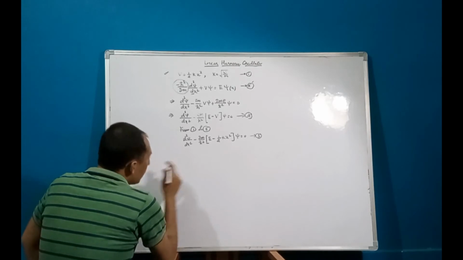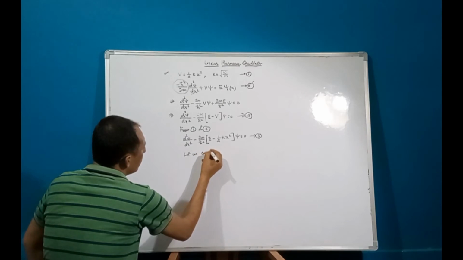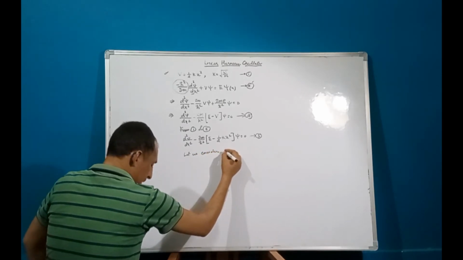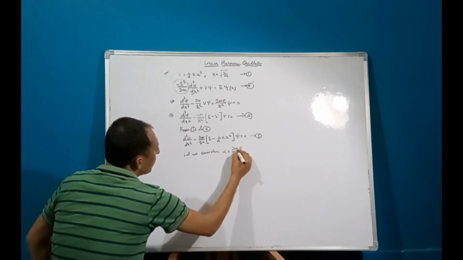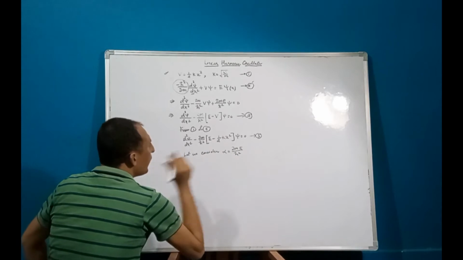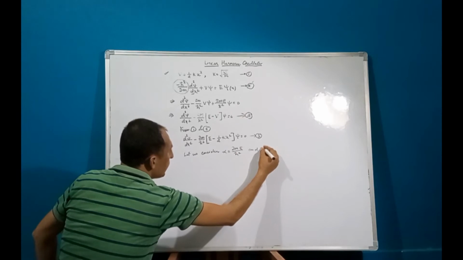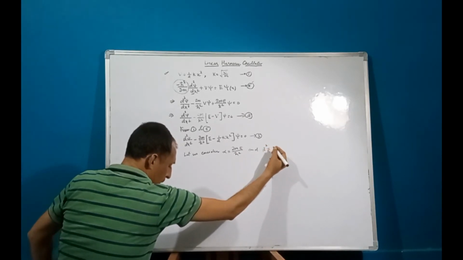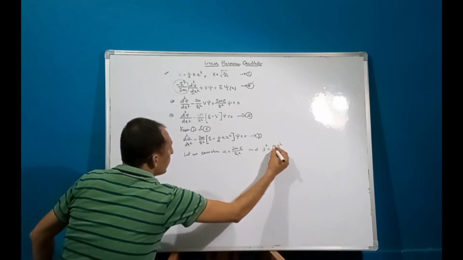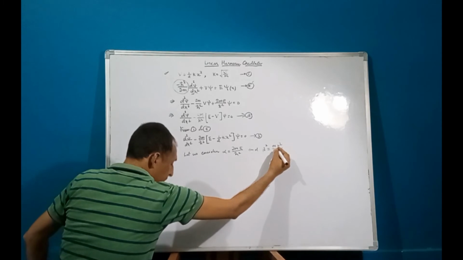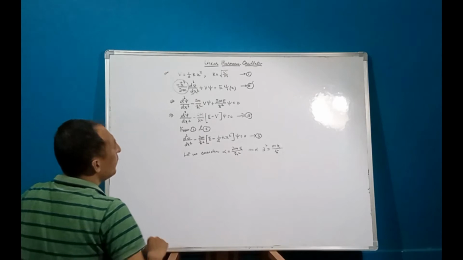For example, let us consider alpha is equal to twice m E over h cross square, and beta square is equal to m k over h cross square.